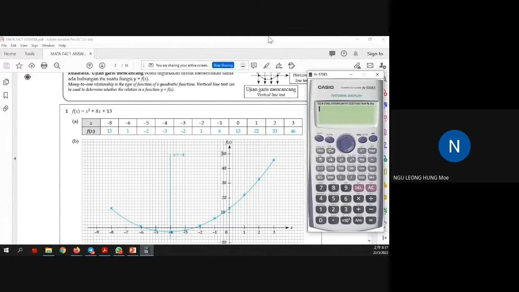Never mind if you use another type of calculator. Also, you press on the mode. Can you see the mode?